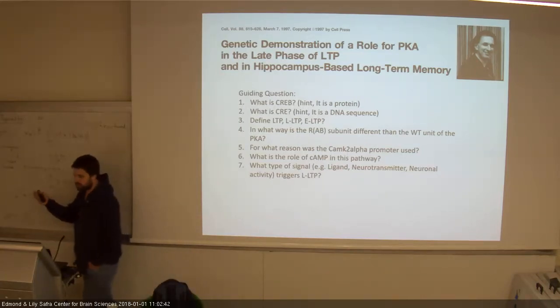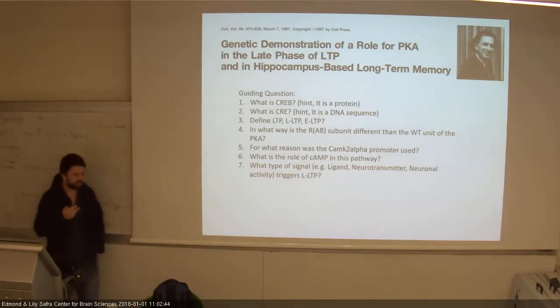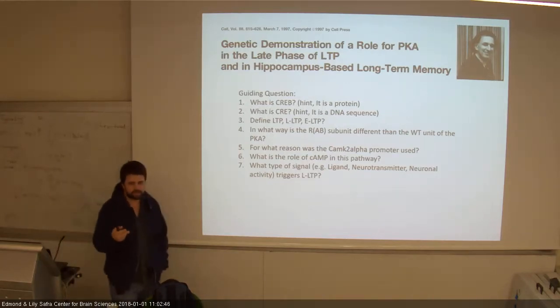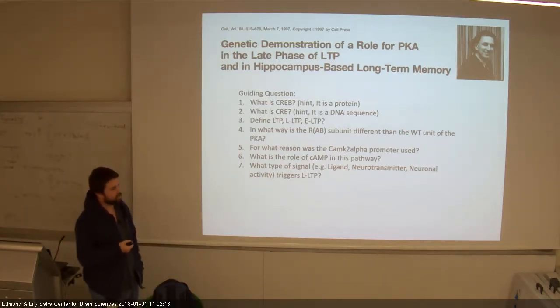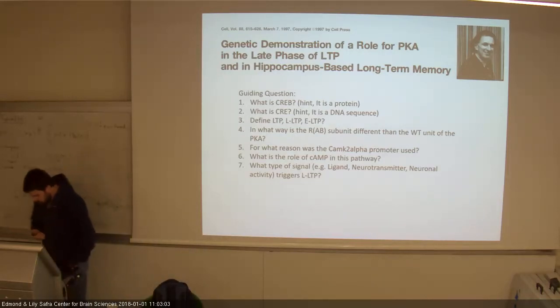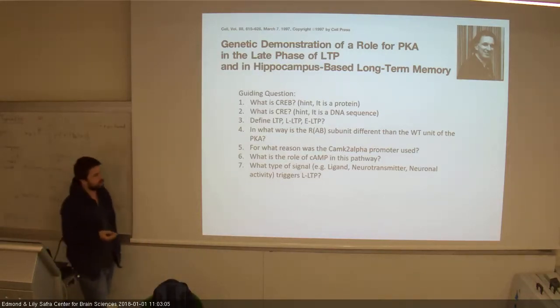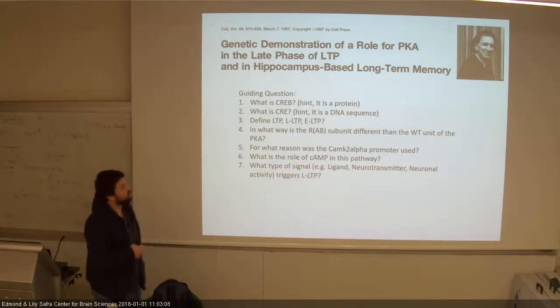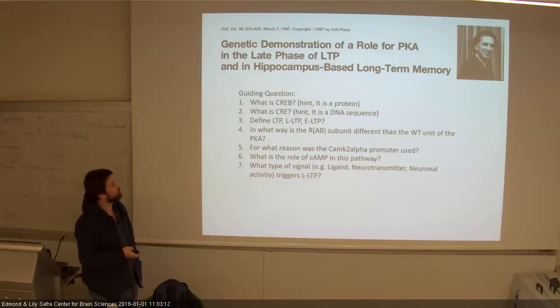If you follow his career, he started with a very simple model organism, the aplysia, and went step by step in his research in a very gradual and very consistent way. But in the end, he discovered a lot of very important mechanisms underlying the molecular basis of memory, and specifically long-term memory.